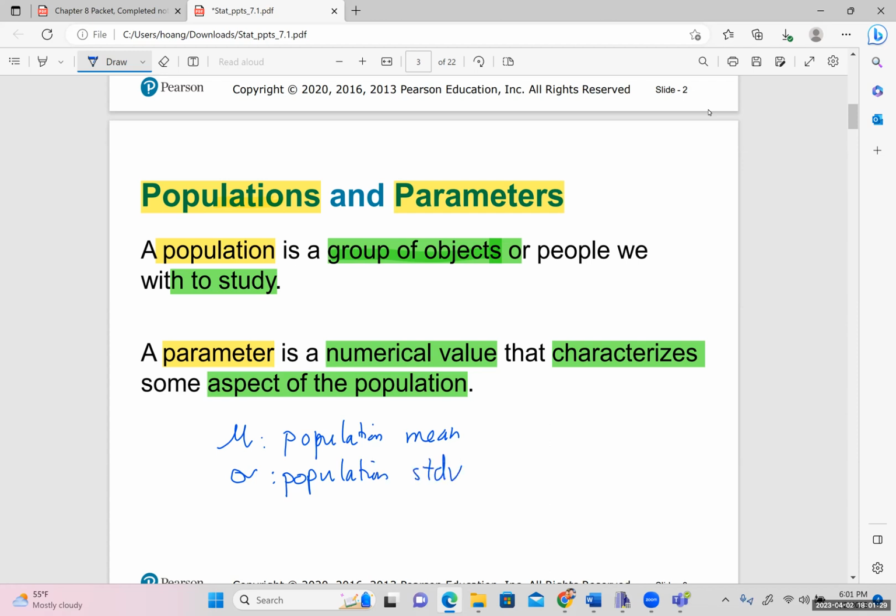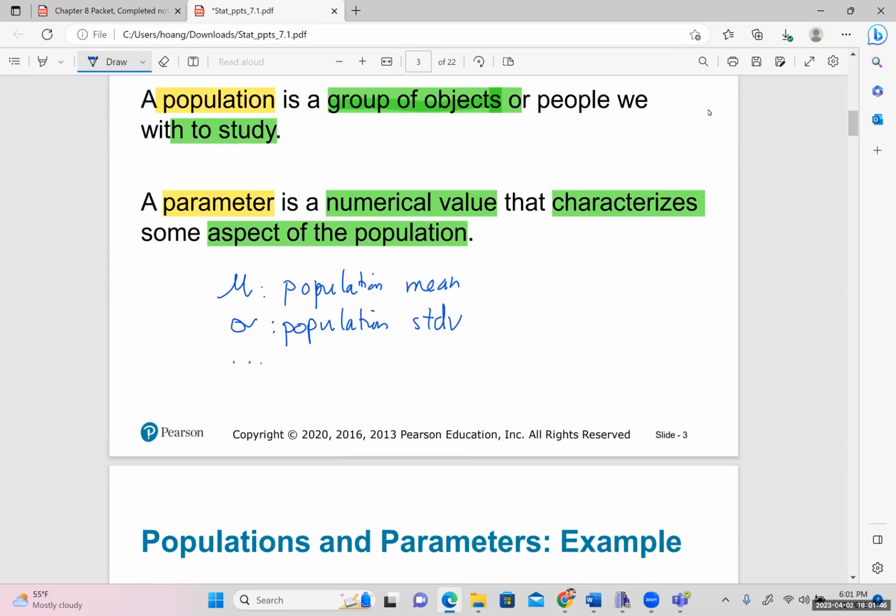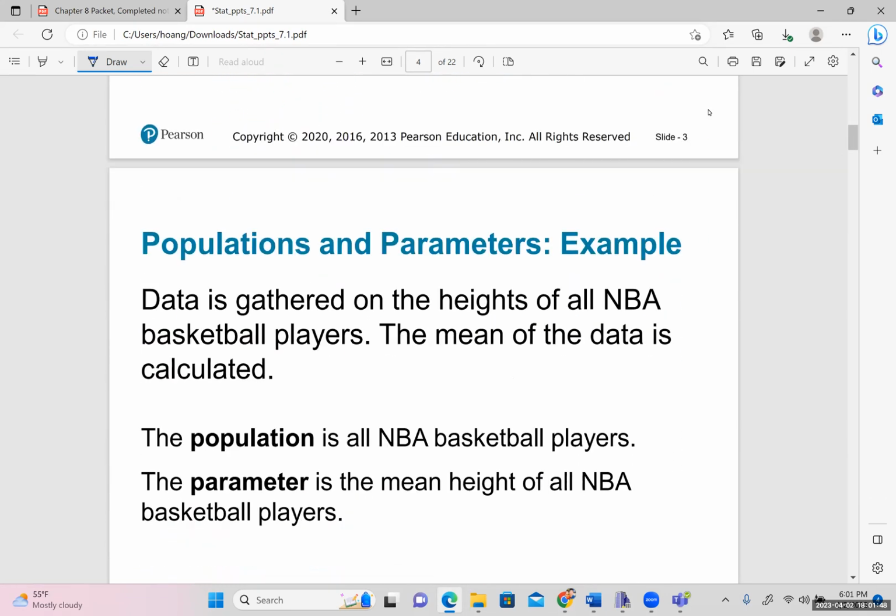Okay, so that is for parameters, and so on, all the numbers in the population.